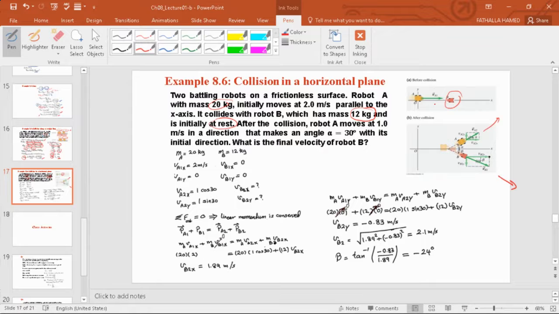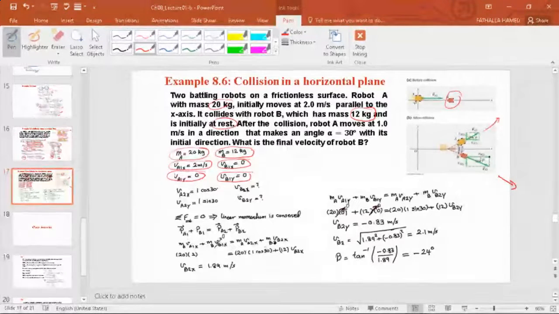So if I look at A, MA is 20 kilograms, VA1x is 2 meters per second, and VA1y is equal to 0. For B, MB is equal to 12 kilograms. It's stationary, that means VB1x is equal to 0, and VB1y is equal to 0.